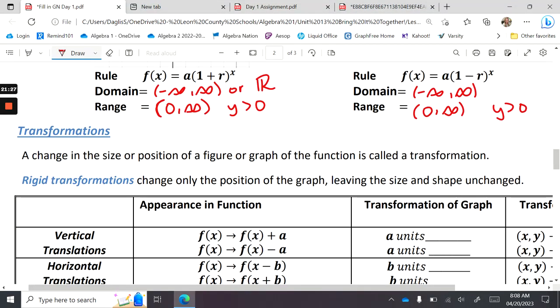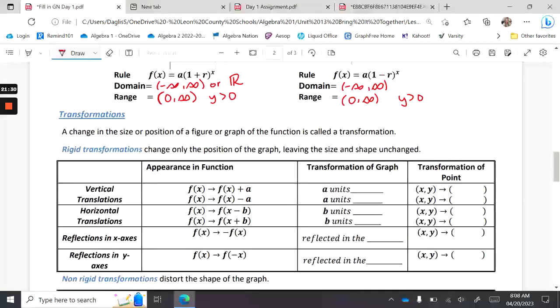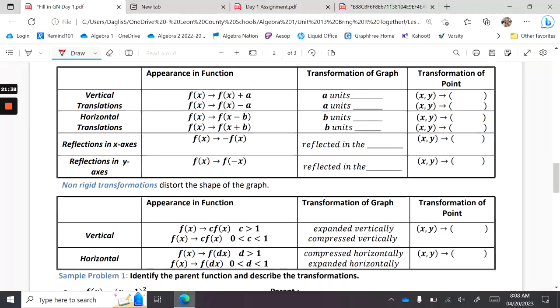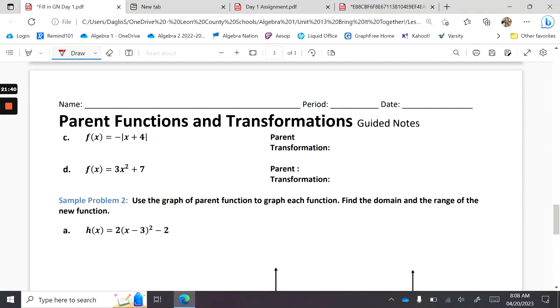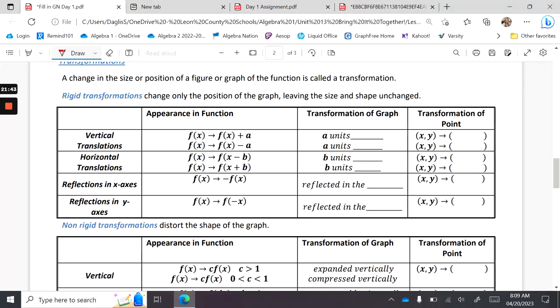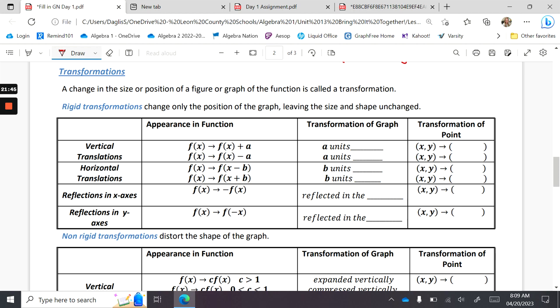Yes, we're going to start transformations. And we're going to continue this stuff tomorrow as well. All right, transformations. A change in the size or position of a figure or graph of the function is called a transformation.